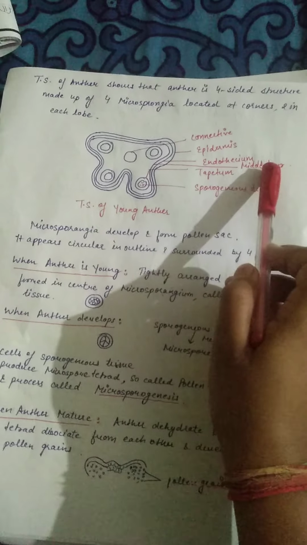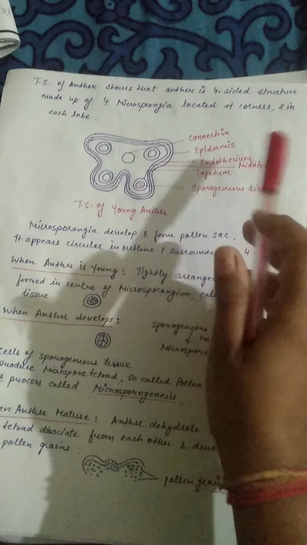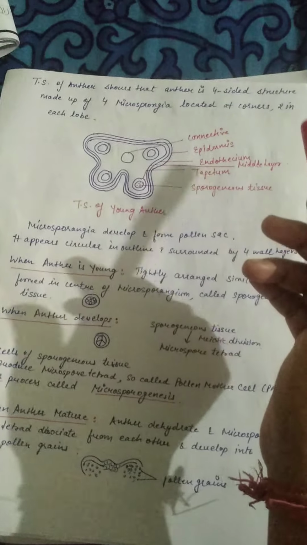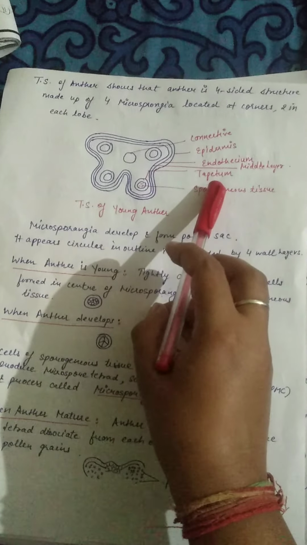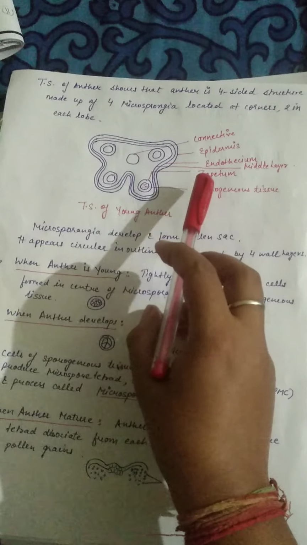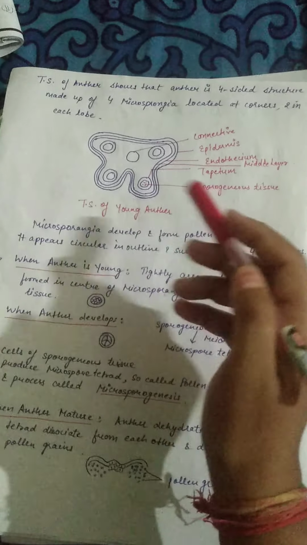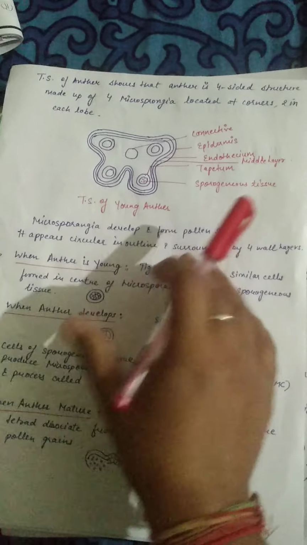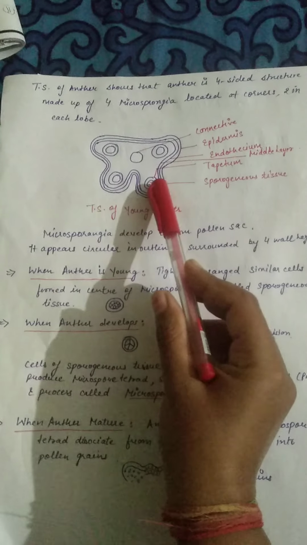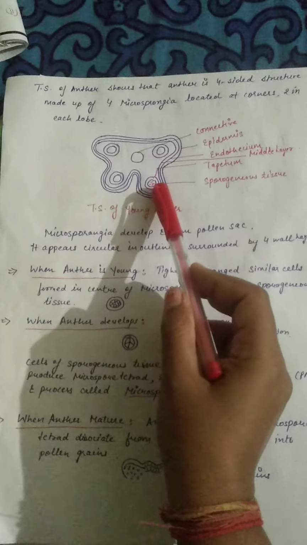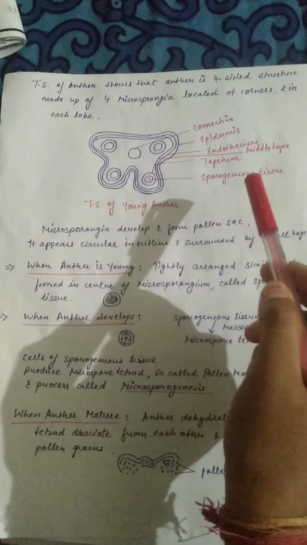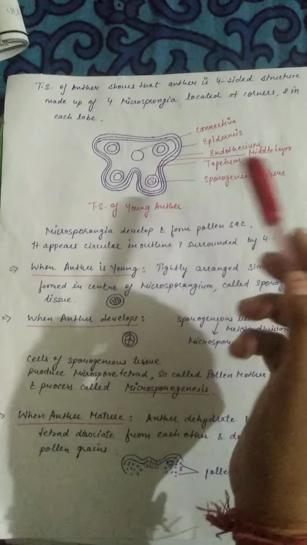These three outer layers work as protection for the pollen grain, but the innermost layer is called tapetum. It provides nourishment to the pollen grain and helps in the development of pollen grain. In the center of the microsporangia, sporogenous tissue develops, which further develops into pollen grains by various stages.